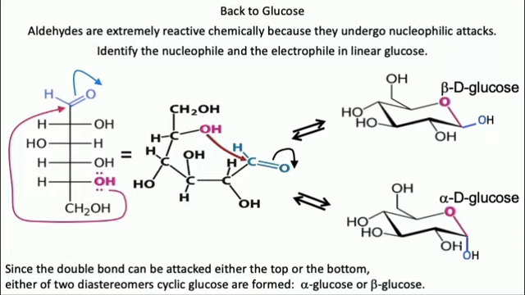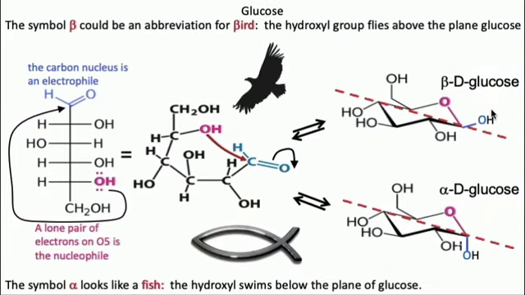And this is one case where I don't resort to pure logic or pure systematic nomenclature. Rather, I resort to a trick. I'm embarrassed, okay? But we have to do it. The simplest algorithm I know is to say that alpha is like a fish, and it swims below the plane of the glucose, and beta is like a bird that flies above the plane.